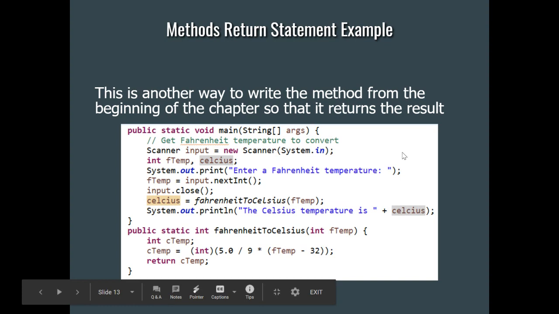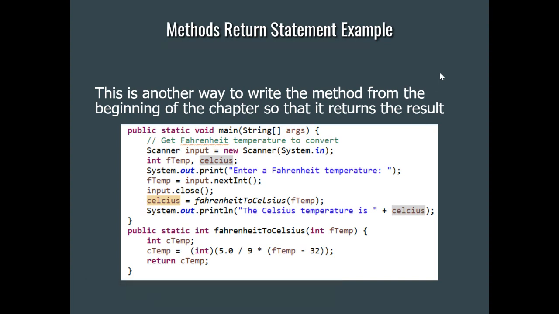So if we look at the first program that we did in this chapter, it was converting Fahrenheit to Celsius and Celsius to Fahrenheit. So another way to write that method would have been, and I think this is a better way to actually do it, a bit more flexible, because I can now use the returned value in something. We could have made it into a method that accepts a parameter.